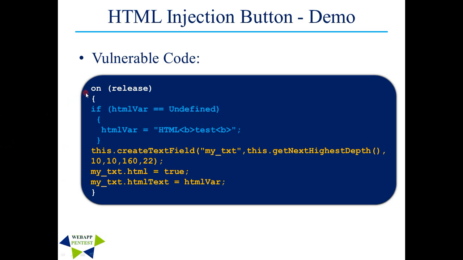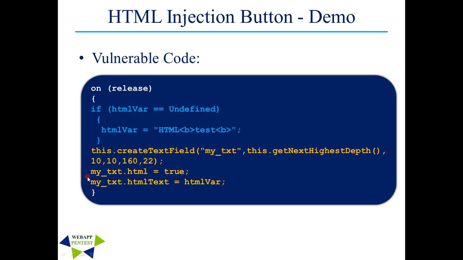Let's understand the code. The on release over here is nothing but when you click on the button, this particular code will get executed. Let's first concentrate on the orange code. The create text field is used to create a new text field by the name my_txt, and the get next highest depth is used to assign the coordinates, that is 10, 10, 160, 22 on the Flash screen.